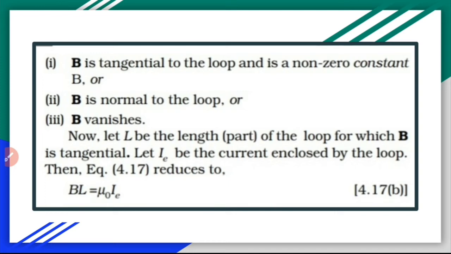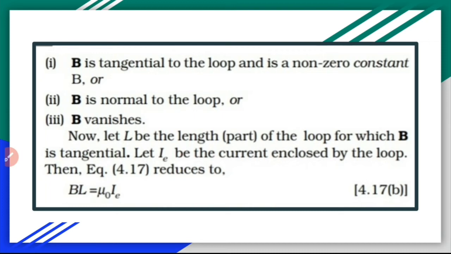So if we consider such an Amperian loop, how should the Amperian loop be? Along that Amperian loop, B is tangential to the loop and is non-zero constant, or B is normal to the loop, or B vanishes. So the simple version of Ampere's Circuital Law is applicable in these three cases.